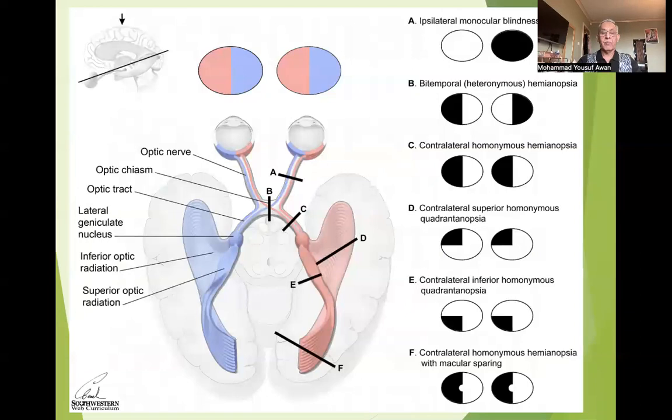But if the lesion is in the optic tract, there is a homonymous hemianopia, one side. A lesion in the upper part of the optic radiation will cause lower quadrant hemianopia, and the lower part will cause upper quadrant hemianopia, and the occipital cortex will cause contralateral homonymous hemianopia with macular sparing. So if you concentrate on this slide, you'll find the lesion: optic nerve, optic chiasma, optic tract, and then optic radiation and occipital lobe.